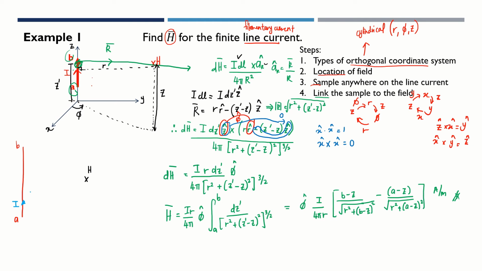You know the total current flowing inside here is I, and this is the location of H. Now let's connect A and B to this point H. I'm using green.